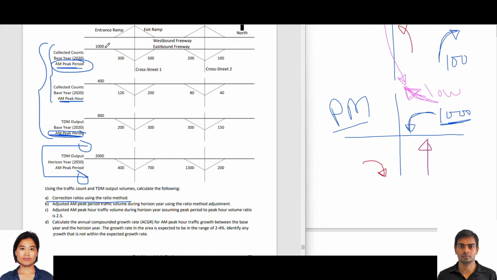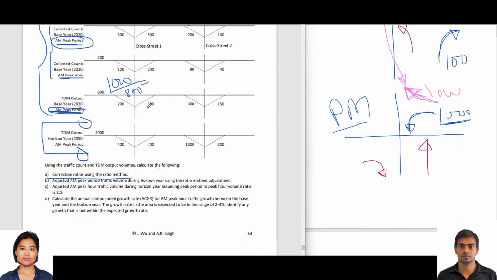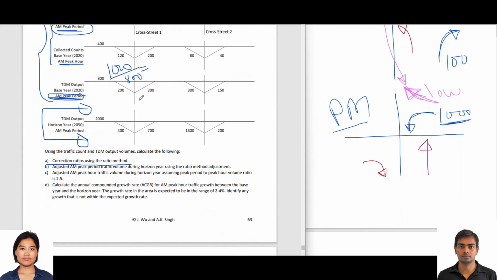The count is 1000 and the TDM output was 800. So the correction needed to go from TDM output to count is 1000 divided by 800. This is the correction needed to go from 800 to 1000, and this is equal to 1.25.